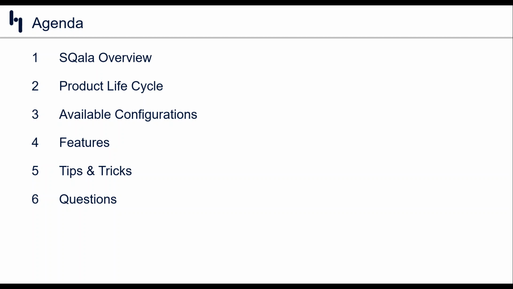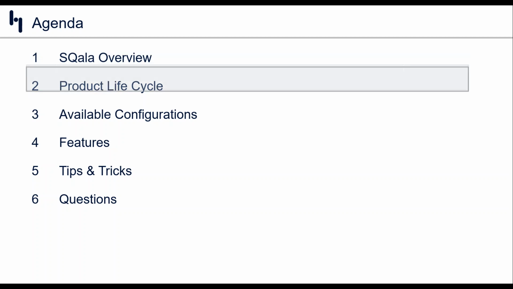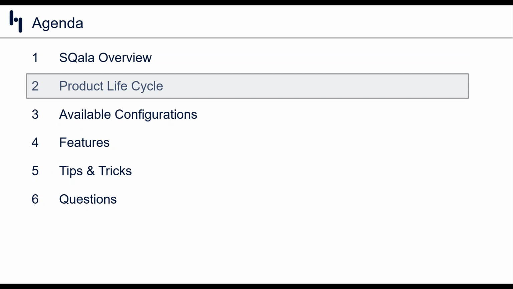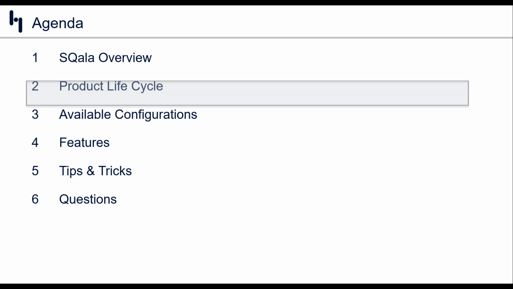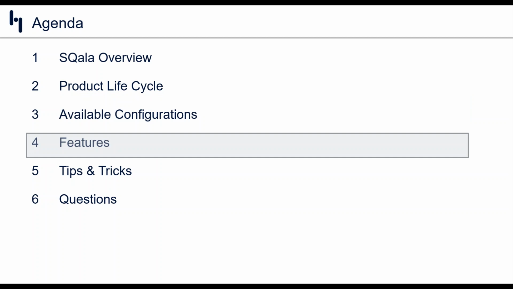In today's webinar, we're going to cover a brief overview of our SQala project, where it best fits into your development cycle, and which configuration best meets your project needs. We'll also give you a brief overview of the layout and the features, and we're going to play a video of me generating a SQala presentation from scratch, just a small 5-step jury, and I'll moderate that as we go through it.